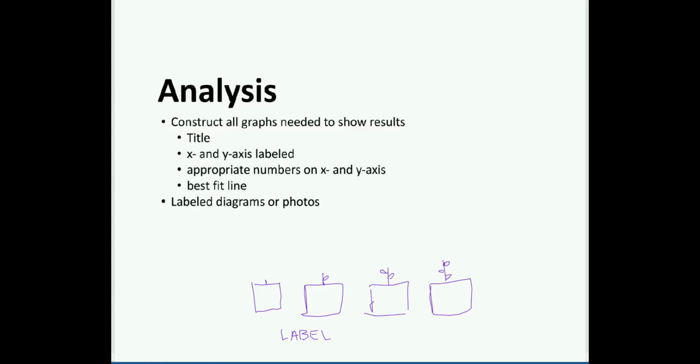You don't just want to throw a bunch of pictures in there. You want your pictures to serve a purpose. You just don't want to include every picture you ever took just to say, hey, look, I took a picture. You want to include pictures that add something to your report, not random pictures.